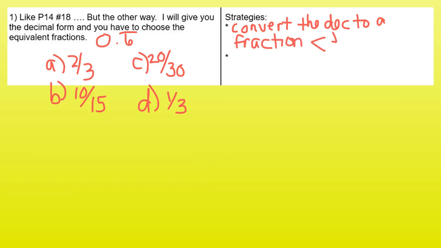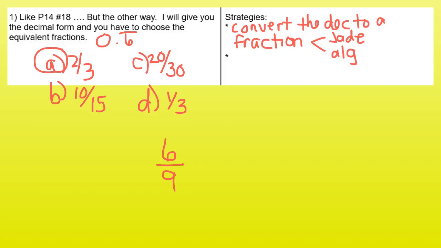You can use Jade's pattern, or you can use algebra. As I'm looking at this one, it looks like I have 0.6 repeating, which gives me a numerator of 6 according to Jade and a denominator of 9. If I were to simplify that, it comes out to this.